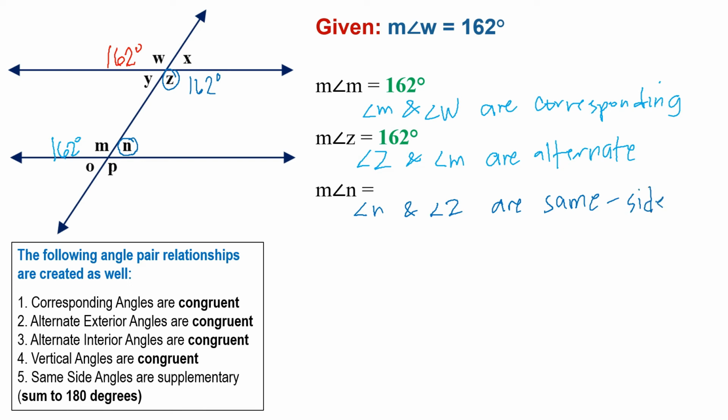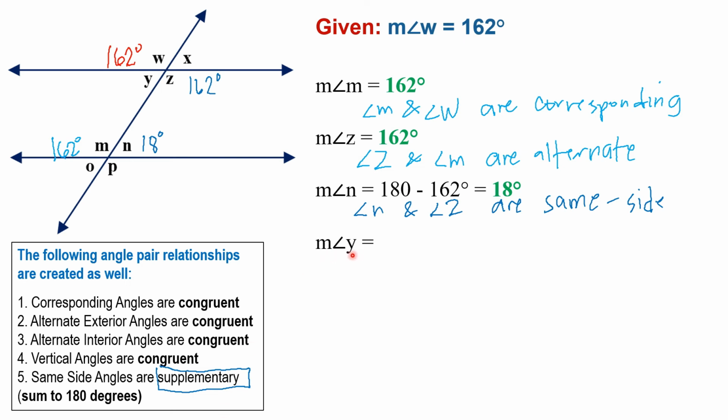Since they are same side interior angles, they must be supplementary, or the total measurement of their angles must be equal to 180 degrees. Therefore, to find the measurement of angle N using angle Z, which is 162, you have to subtract it from 180. So we'll have 180 minus 162, you'll have an answer of 18 degrees. So therefore, the measurement of angle N is 18 degrees.